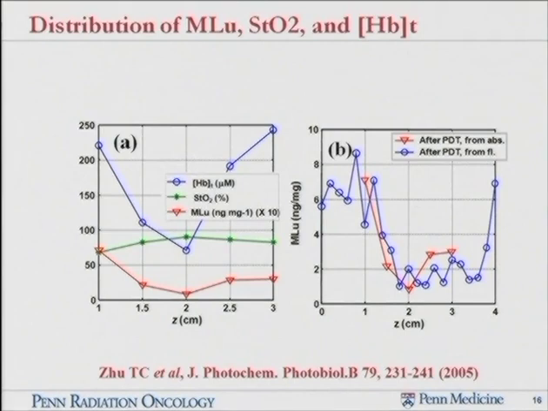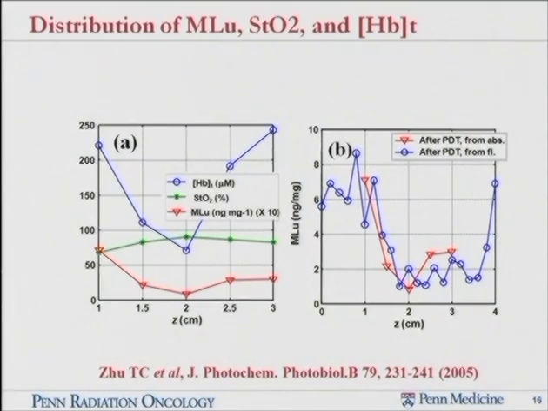I mean, there's also a big change of drug concentration too. So these variations could be related to different malignancy of tumors or whatever inside the tissues. And the absorption method can be used to determine the distribution of drug concentrations.